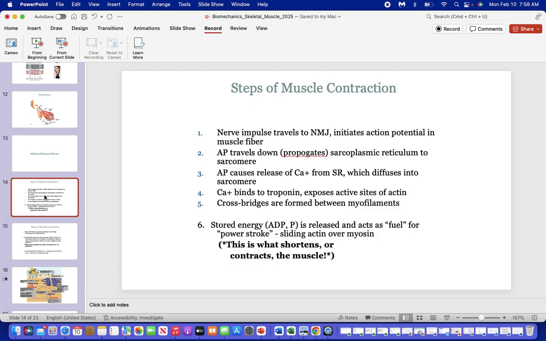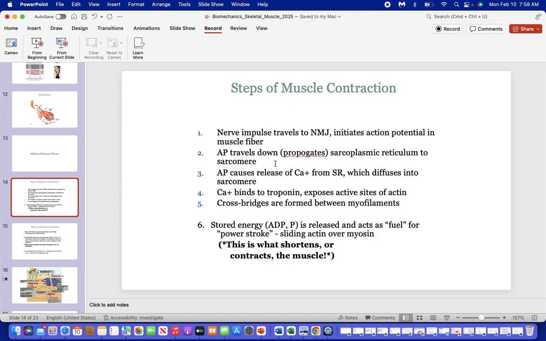So a motor nerve fires an impulse or an action potential. It travels to the neuromuscular junction, depolarizes the sarcolemma, and generates an action potential that spreads through the sarcolemma into the T-tubules, which excites or initiates the muscle fiber.